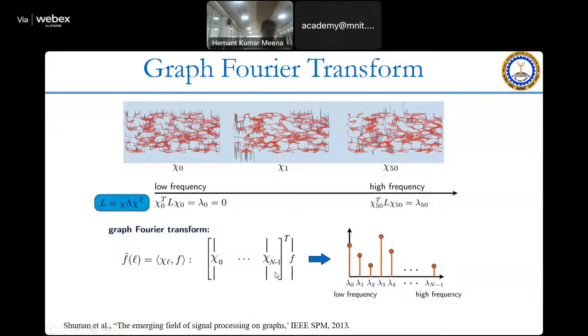So what we are saying here is that in this graph Fourier transform, we are able to plot the different frequencies lambda 0, lambda 1, lambda 2, lambda 3 till lambda n minus 1. What is this capital N? Can someone tell? What is this capital N?